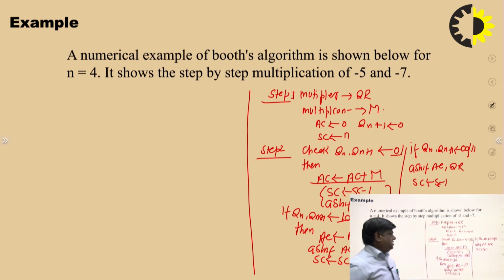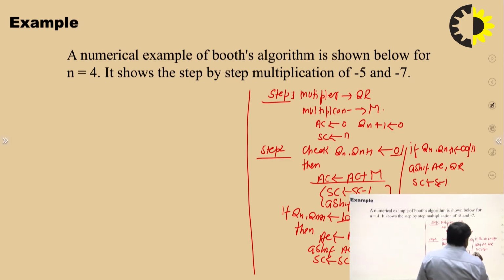Now, these are the 2 steps of the Booth algorithm. Now, step 3: check SC. If SC is equal to 0, stop, and if SC is not 0, then go to step 2.